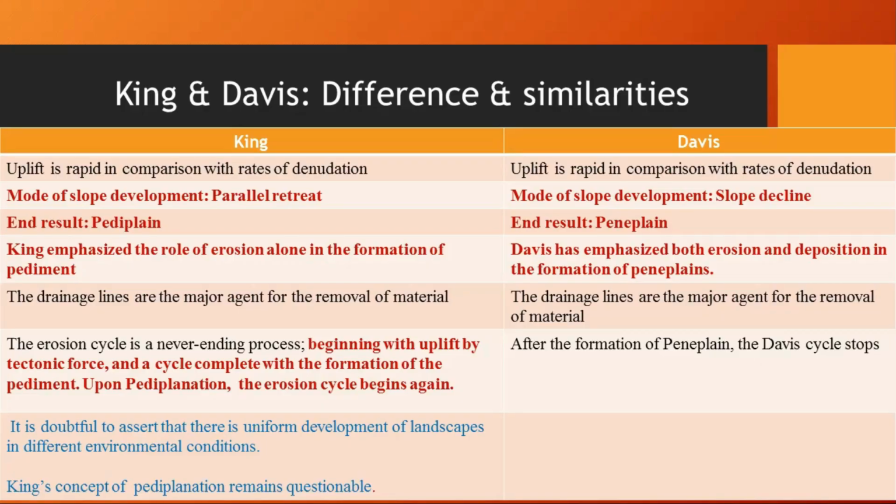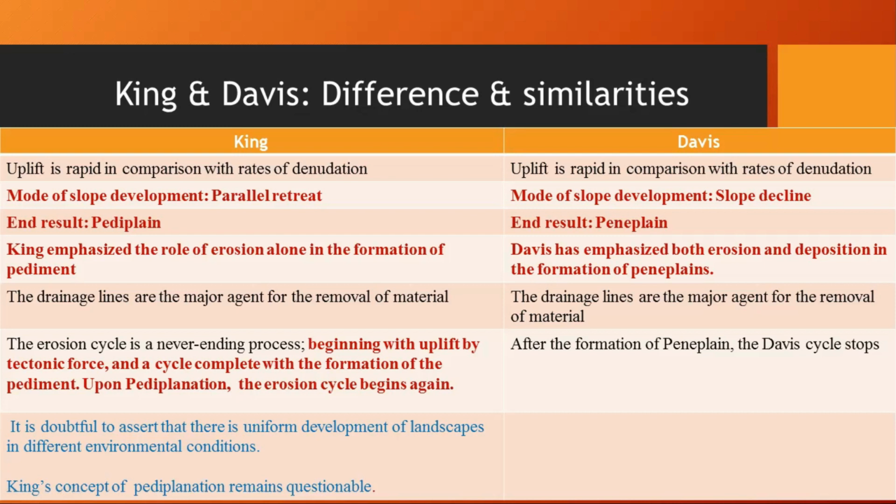The criticisms are that it is doubtful to assert, as he has said, that this kind of landform, based upon a semi-arid region, can be duplicated, this kind of cycle can be duplicated in other geographic features and environmental conditions also.